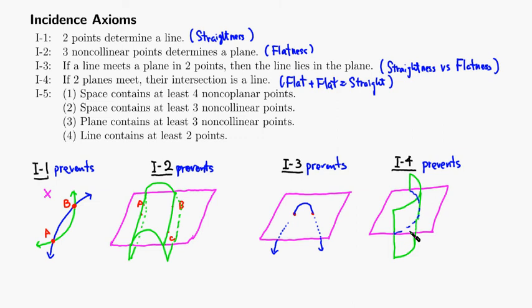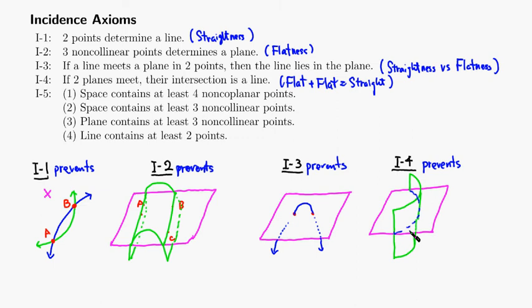Again, we don't want a space to be just 2 points, which is usually a linear or 1-dimensional object. And a plane has to contain at least 3 non-collinear points. In order to become a plane, you have to have at least 3 non-collinear points. And the same for a line, which has to contain at least 2 distinct points. So I5 is giving you the minimum number of points a certain object is supposed to have.